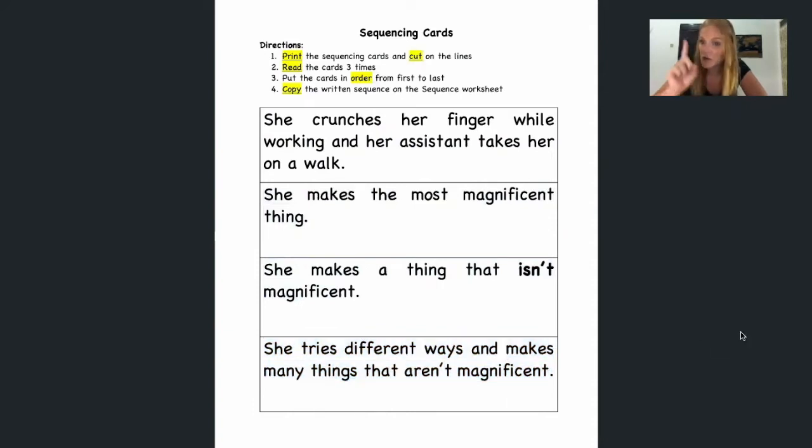Now remember, she only made one thing in that picture. It's going to be this one right here. She makes a thing. Not many things. The first one, she only made a thing, so just one thing that is not magnificent. So this is the first thing that happened in the story.